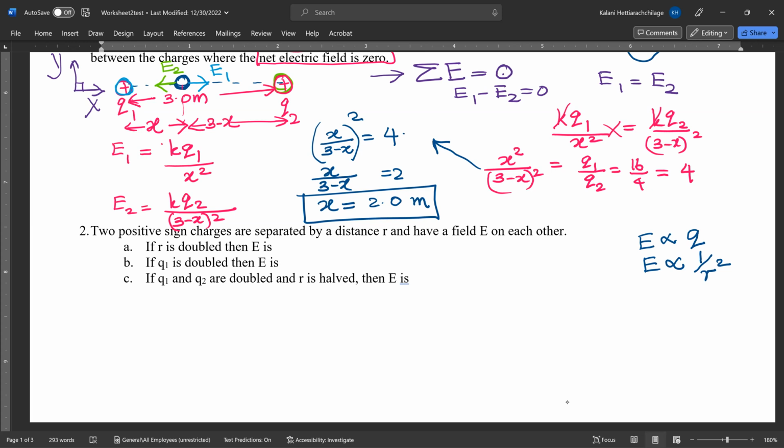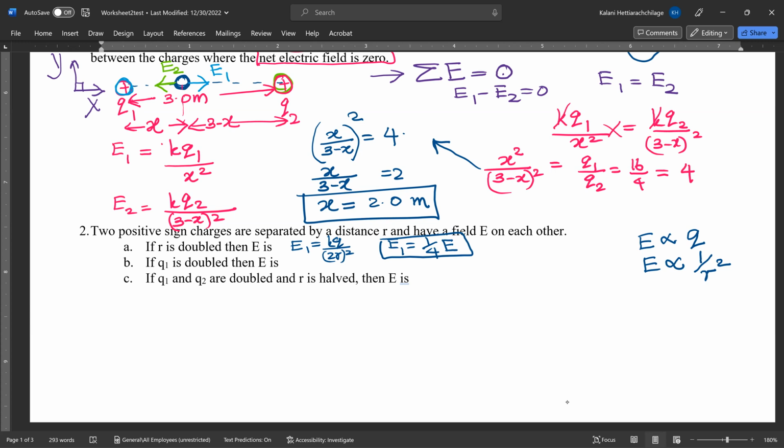If r is doubled, then the electric field, when r is doubled, electric field E1 is going to be Coulomb constant k over (2r) to the power 2. That means E1 is 1/4 of E. It decreases by how much? 1/4. Okay, next one.